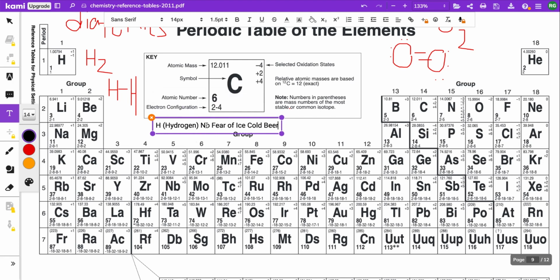No, this represents nitrogen. Fear, this represents fluorine. Of, this represents oxygen. Ice, this represents iodine.